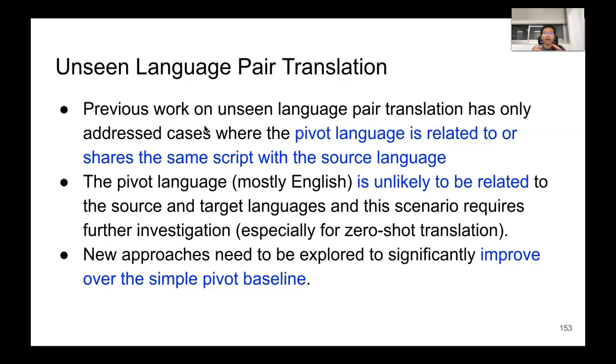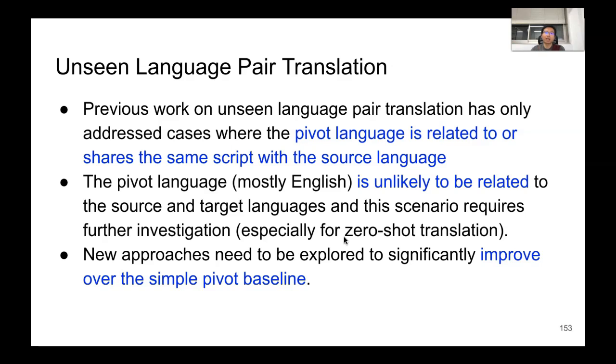But in reality, the pivot language is unlikely to be related to the source or target languages. In this scenario, which still requires more investigation, especially in the case of zero-shot, there's no parallel corpus between two languages, right?